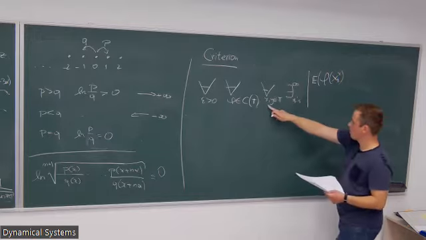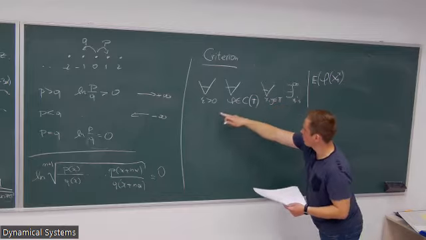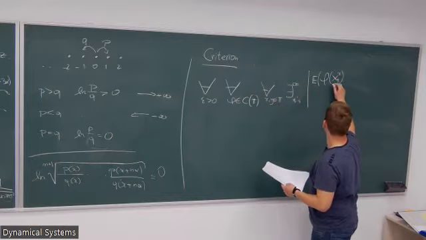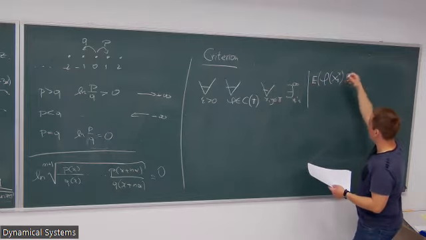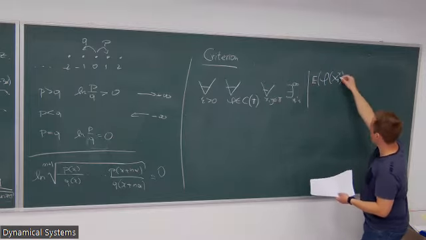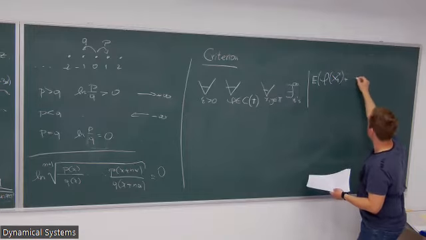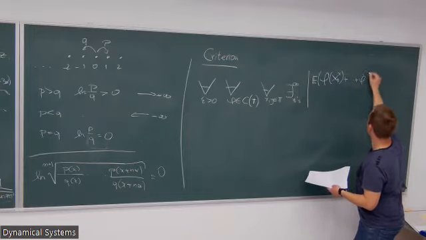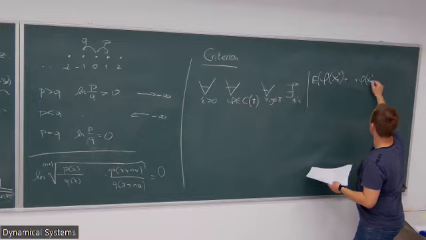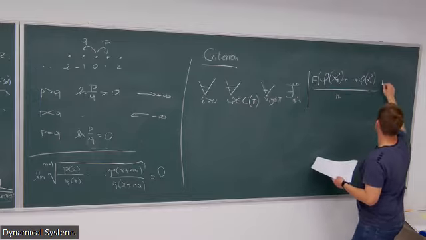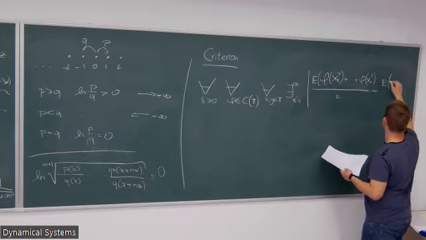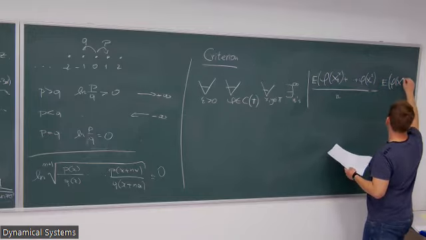I have two points and one function. And I take the expected value of Markov averages on trajectories of the process starting from x. And it should be close to the Markov averages of the process starting from y.